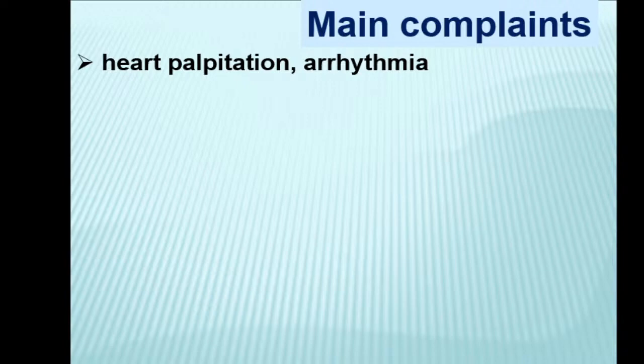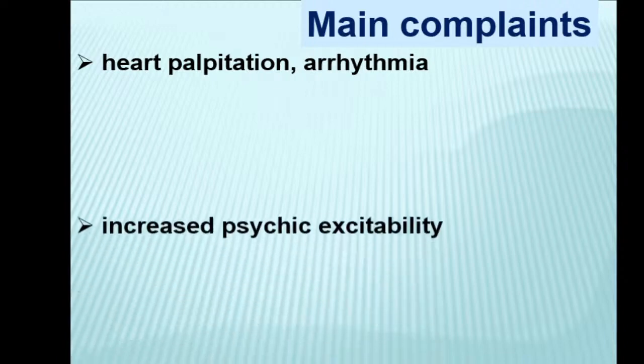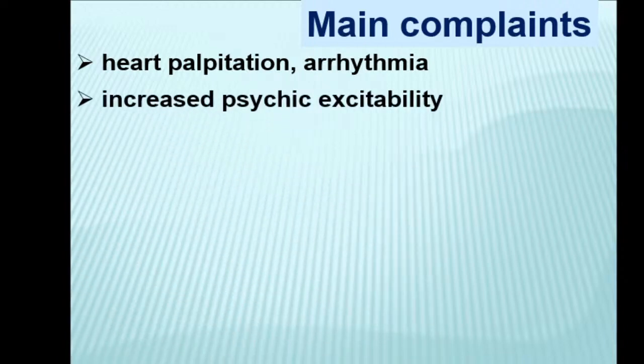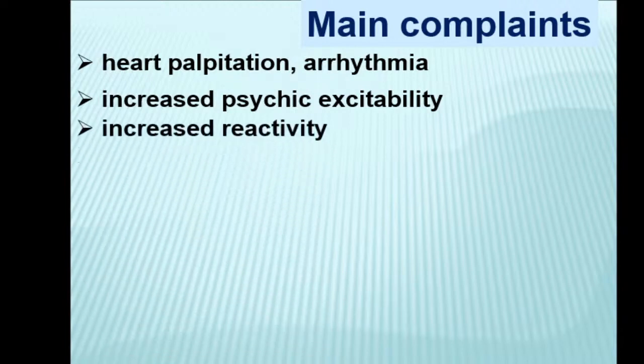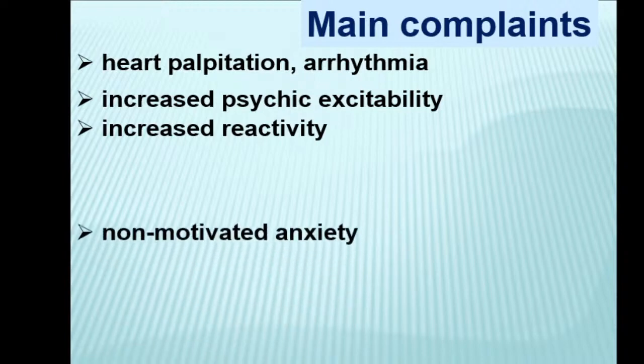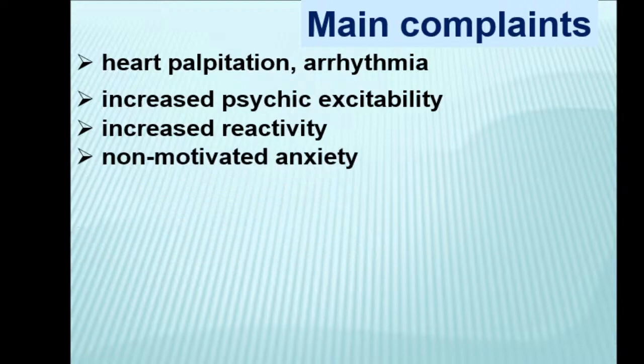And all complaints we will also divide by these systems. From the cardiovascular system, I told you, palpitation and arrhythmia. The patient feels increased psychic excitability and increased reactivity. His behavior becomes non-adequate, exceeding the definite situation, a non-adequate response.